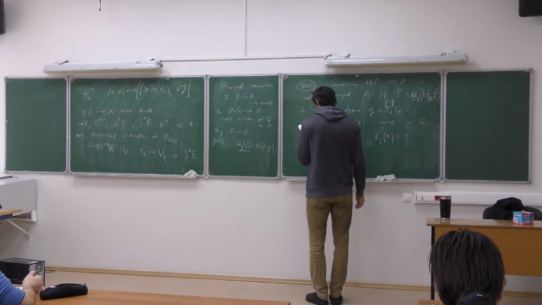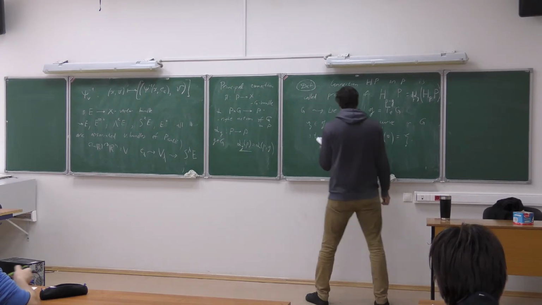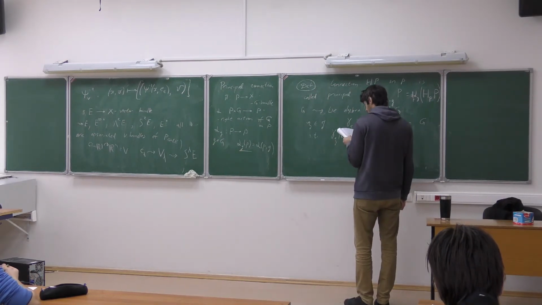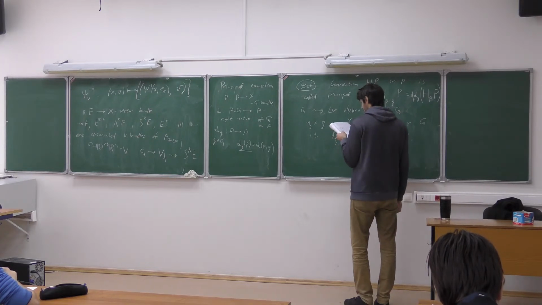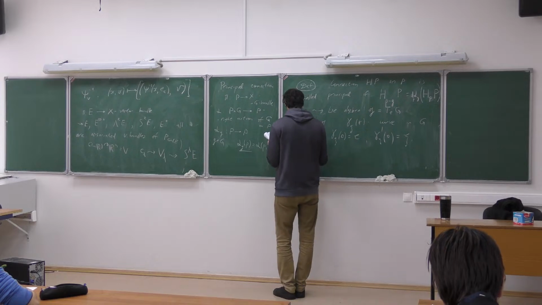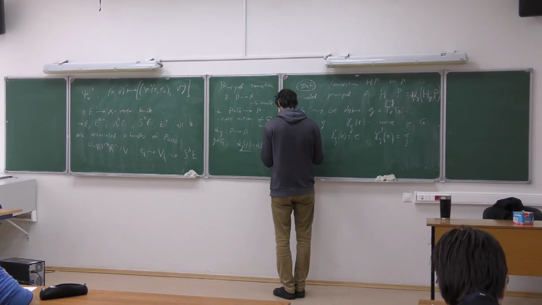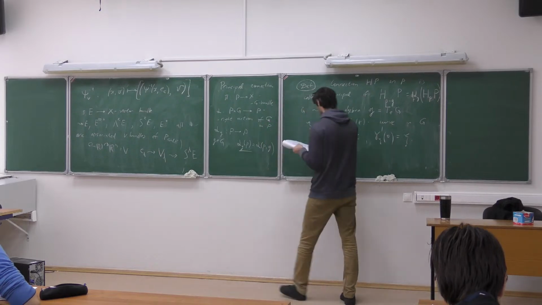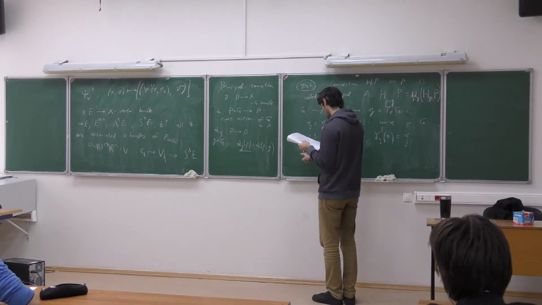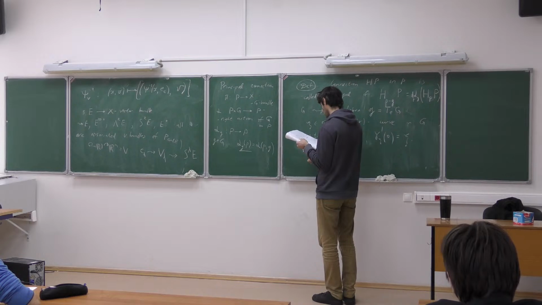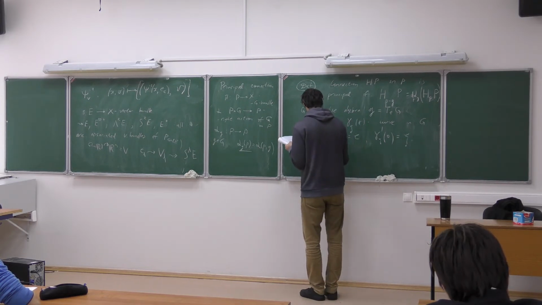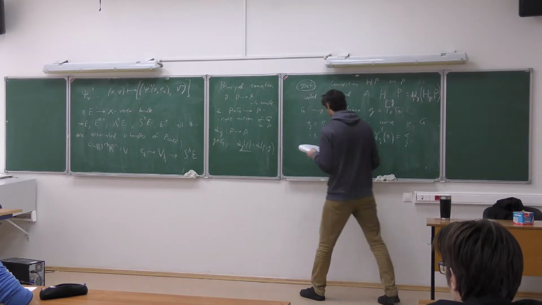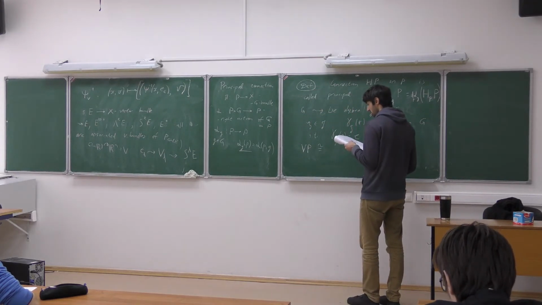So once I have this, I know that actually my VP, this is the vertical tangent bundle of P, is actually trivial.